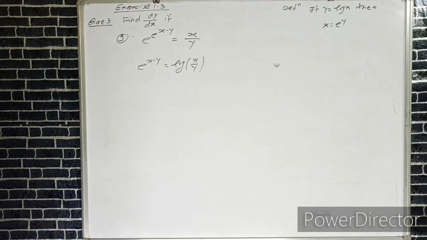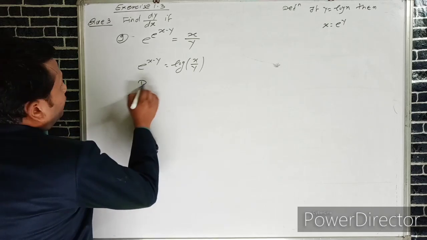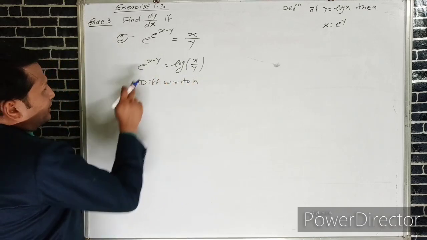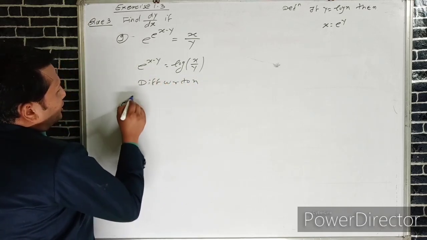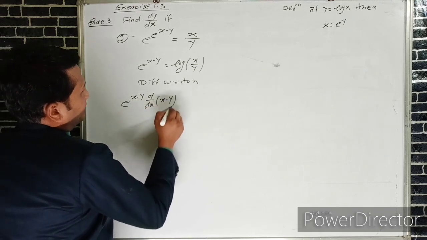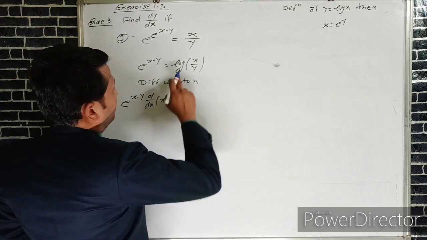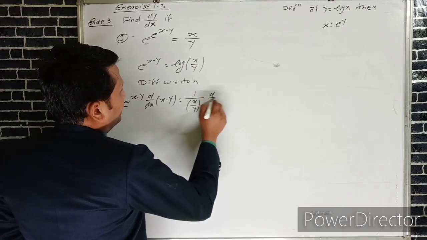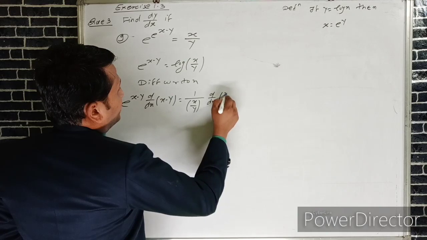Now, if we differentiate the given function with respect to x, then we can write derivative of e to the power x minus y, which is e to the power x minus y, and we take again a derivative of x minus y. Derivative of log of x upon y is 1 upon x upon y, into we can take again a derivative of x by y.